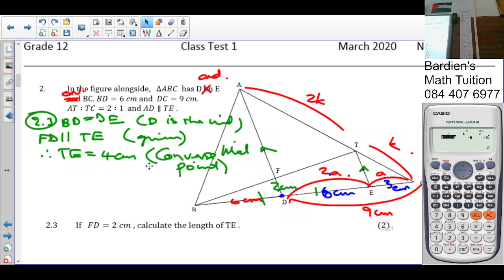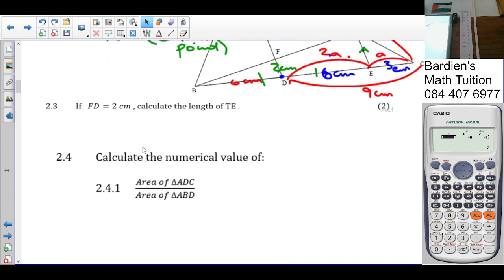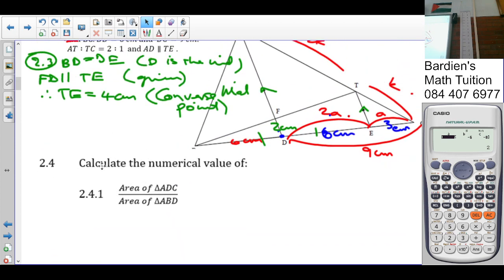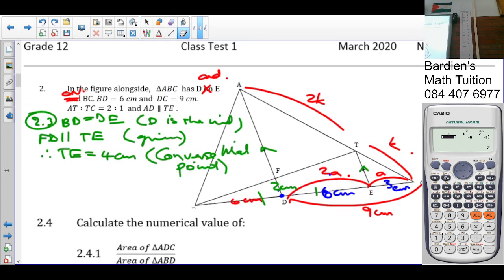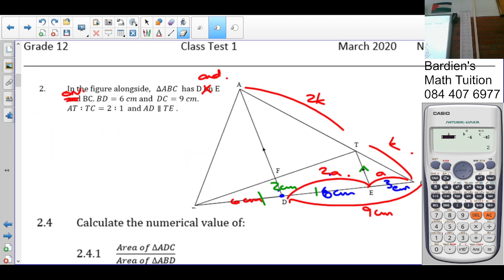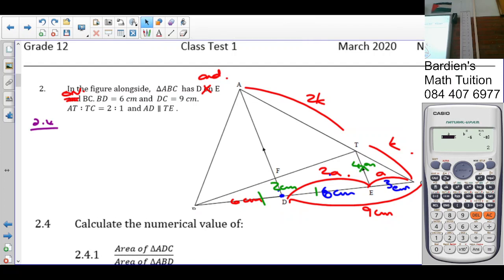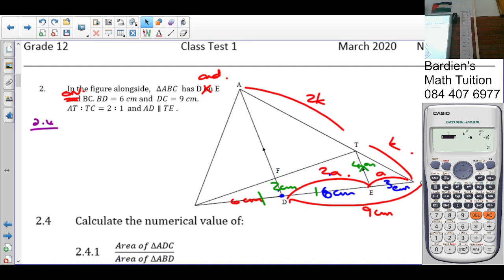And then 2.4. In 2.4, they want the numerical value of the area, we know is a P here.